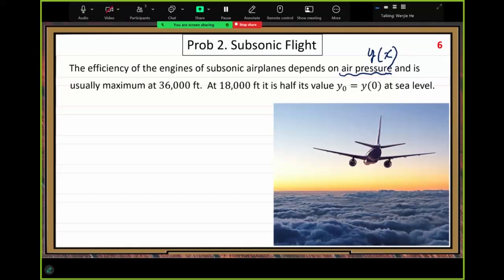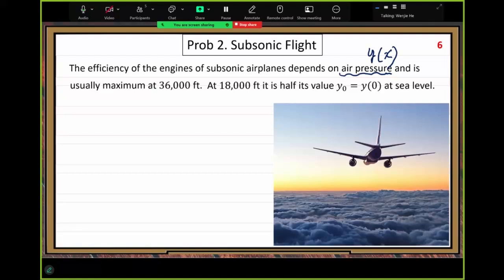Then this condition: at the height 18,000 feet, the air pressure is half of the sea level Y0, 1/2 of Y0. At 18,000 height, if we measure the air pressure, it is 1/2 of Y0.